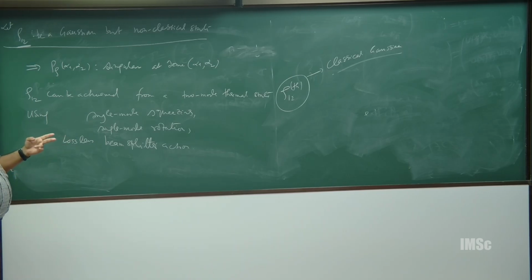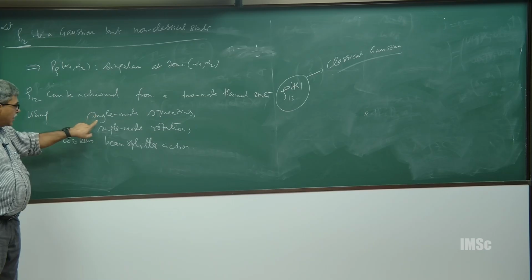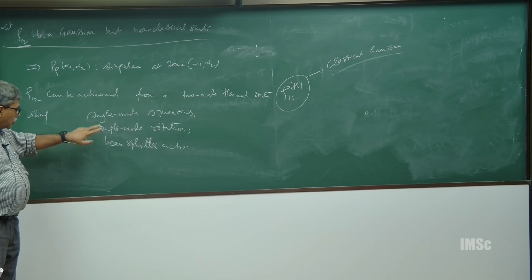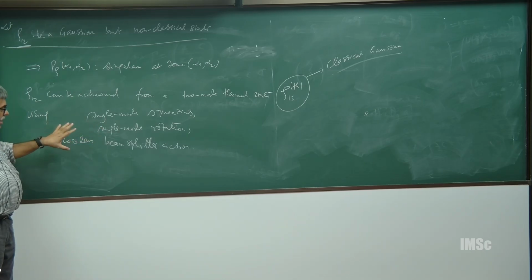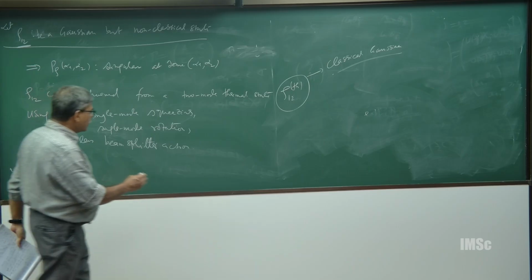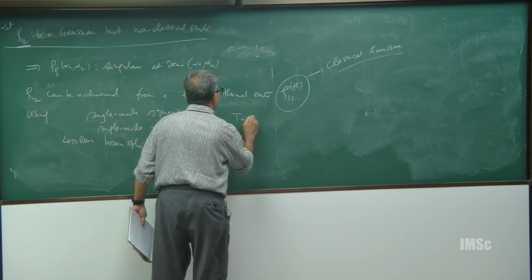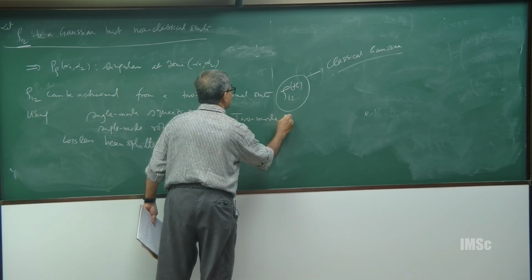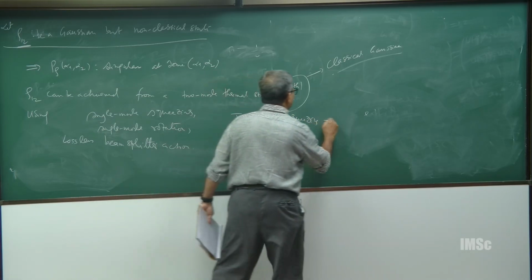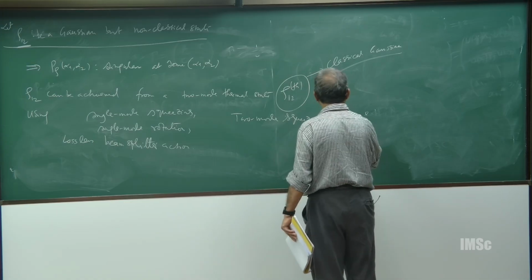So, we have single mode squeezing, single mode rotation and beam splitter action, because 2 mode squeezing can always be obtained from these. How will you do that?